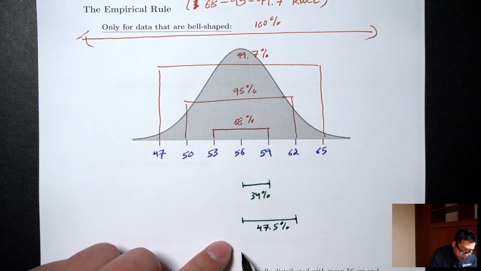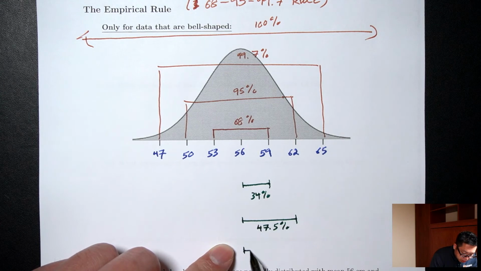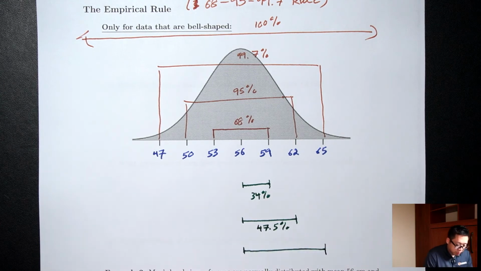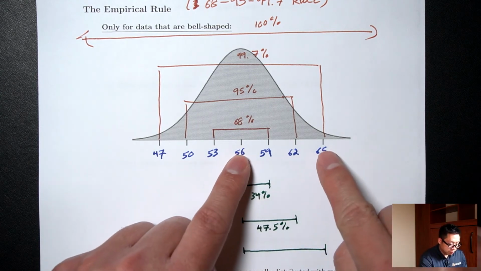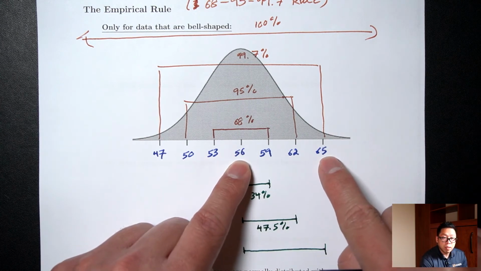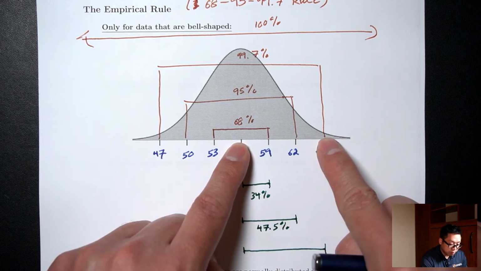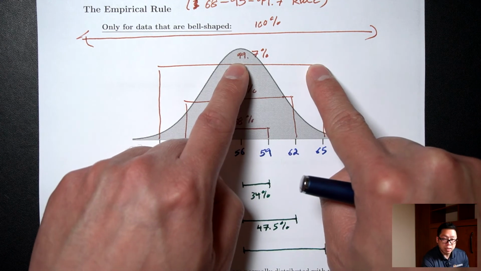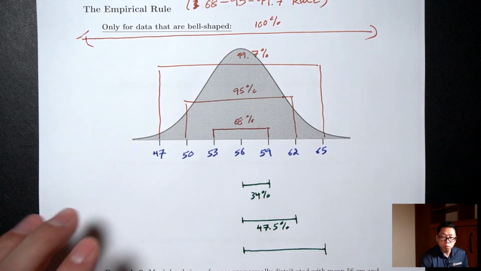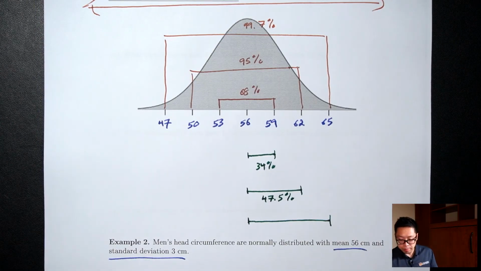What about middle to 3 up? So middle to the 65. So middle to 3 up, middle to 65 should be half of the 99.7%. So what's half of 99.7%? 49.85%.